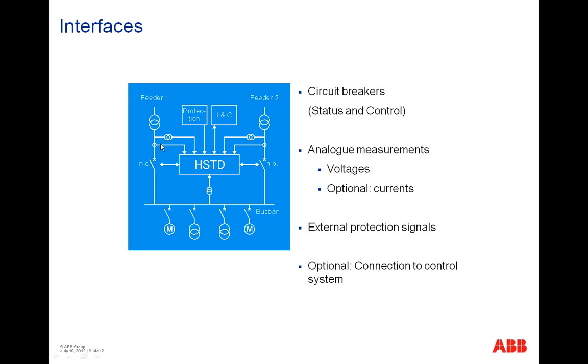The HSTD also needs the voltages from the main incomer, from the standby feeder, and from the busbar. And optionally also currents. Normally you need the currents only for commissioning. I will explain later why. For normal operation, you need only the voltages.